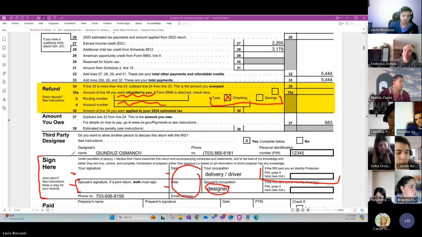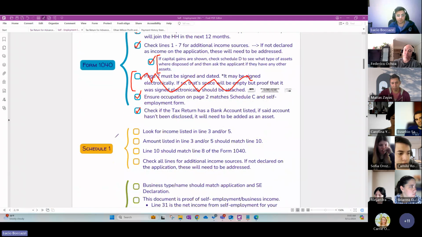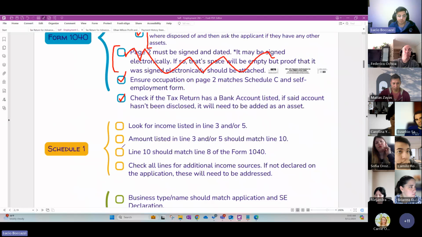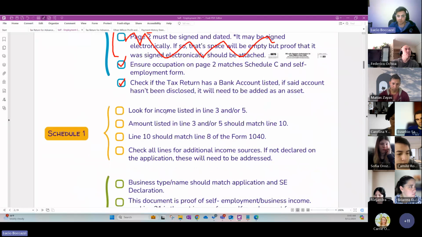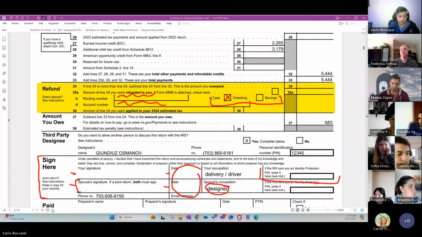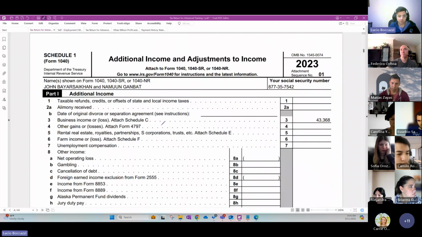Thank you. Okay, so let's go into the Schedule 1 then. The first thing that we're going to do is find line 3 and or 5 in the Schedule 1.